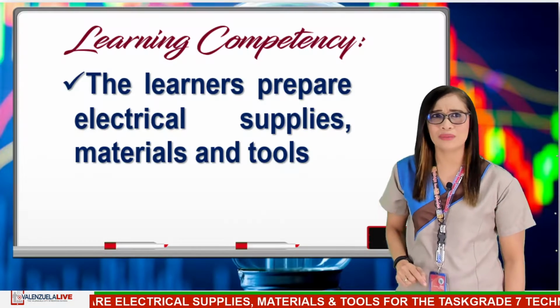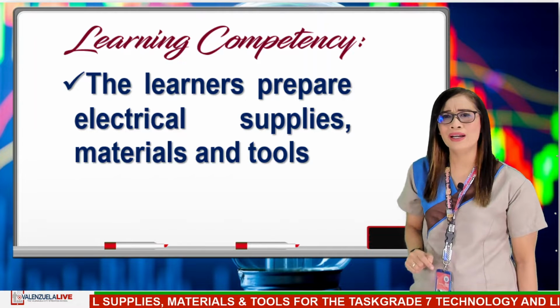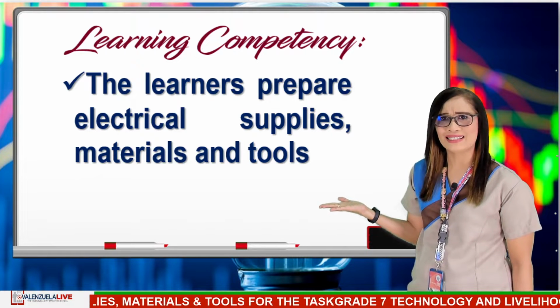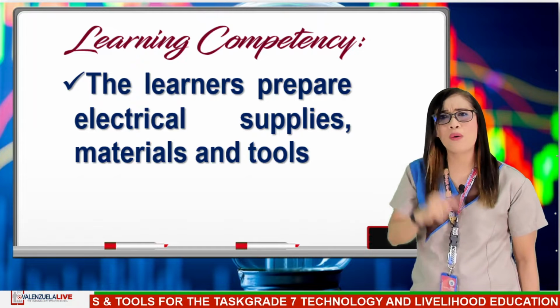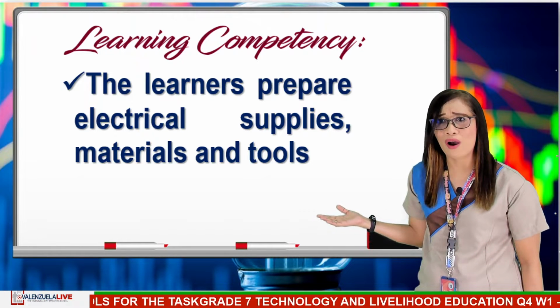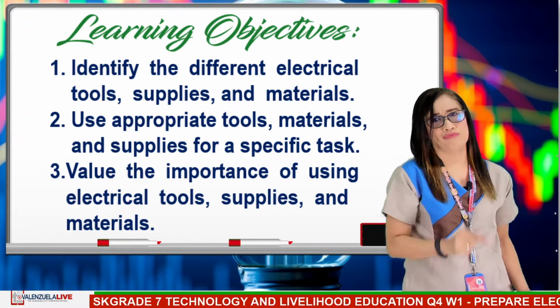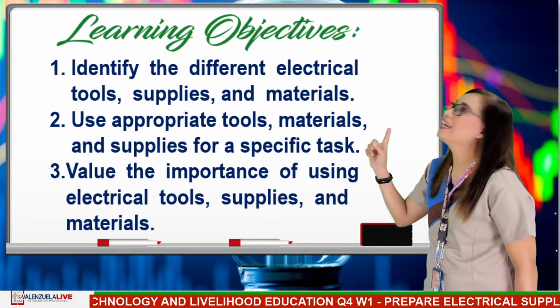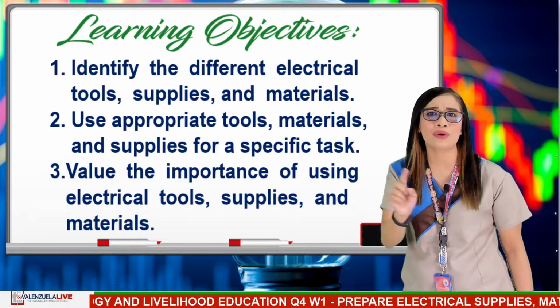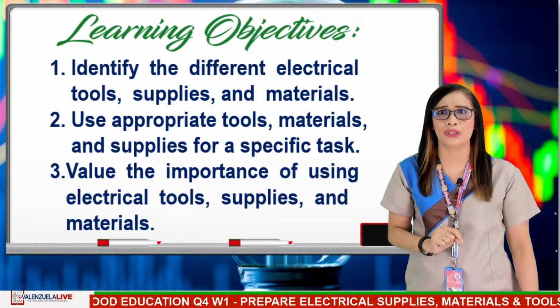Our learning competency: the learners prepare electrical supplies, materials, and tools. Our learning objectives are: at the end of the lesson, learners are expected to, number one, identify the different electrical tools, supplies, and materials.